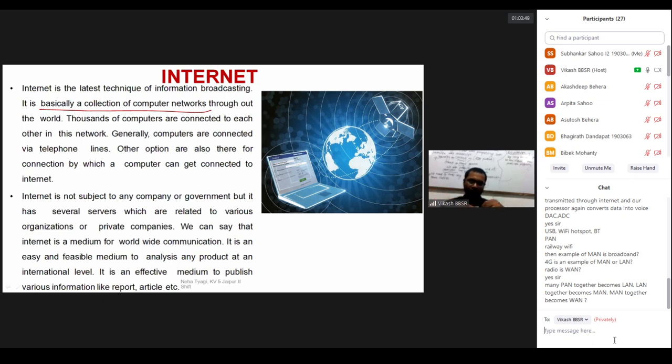Yes, it is a wide area network. Generally, you can tell it is the network of networks. All the networks are connected with each other to form the internet.